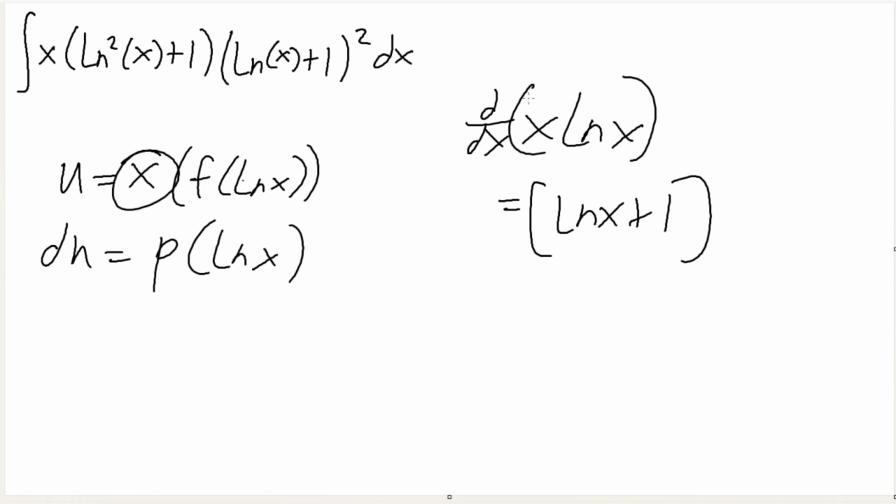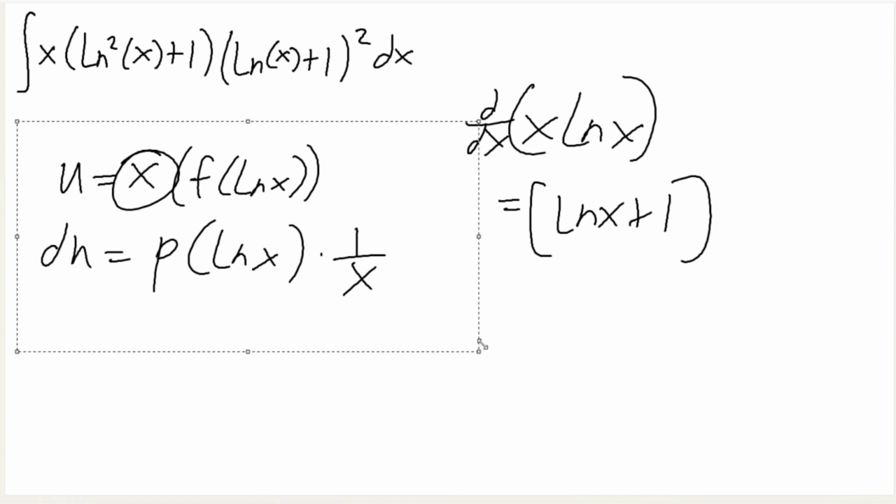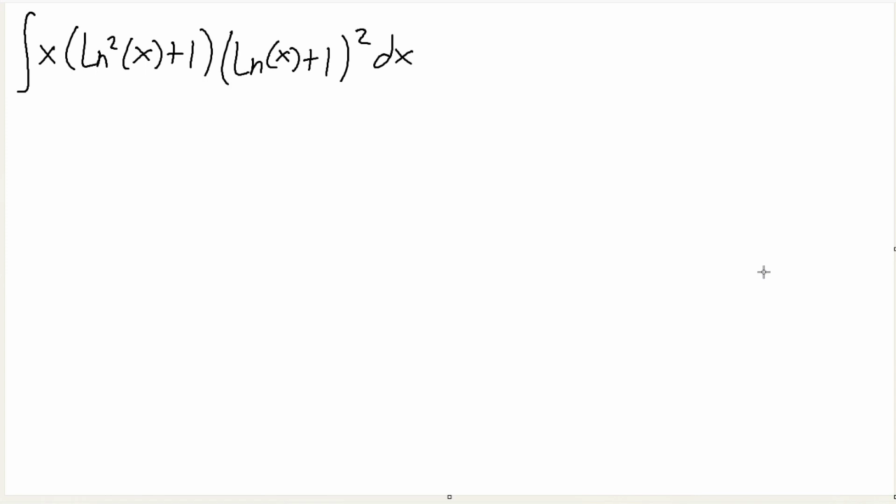Because this x is going to cancel out the 1 over x from the chain rule. So that's why if you see something like this, with an x in front of it, let u equal x times some function of ln of x. That's a very advanced, sneaky trick for you. Okay.